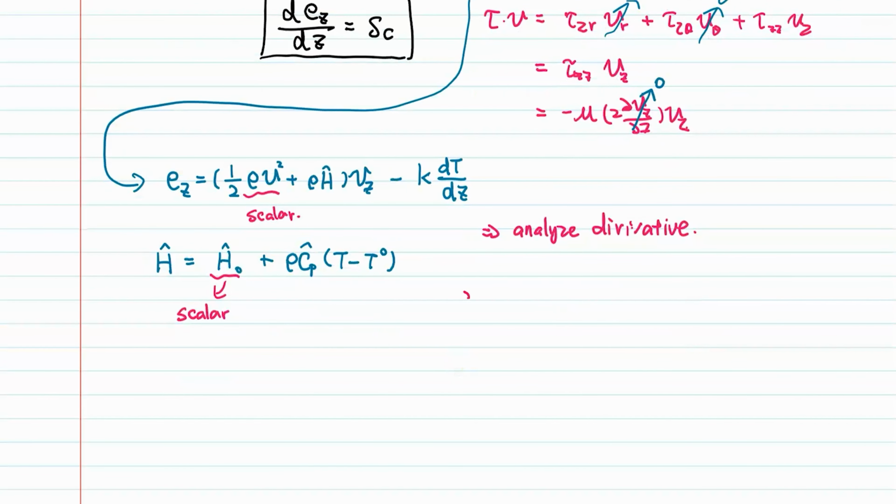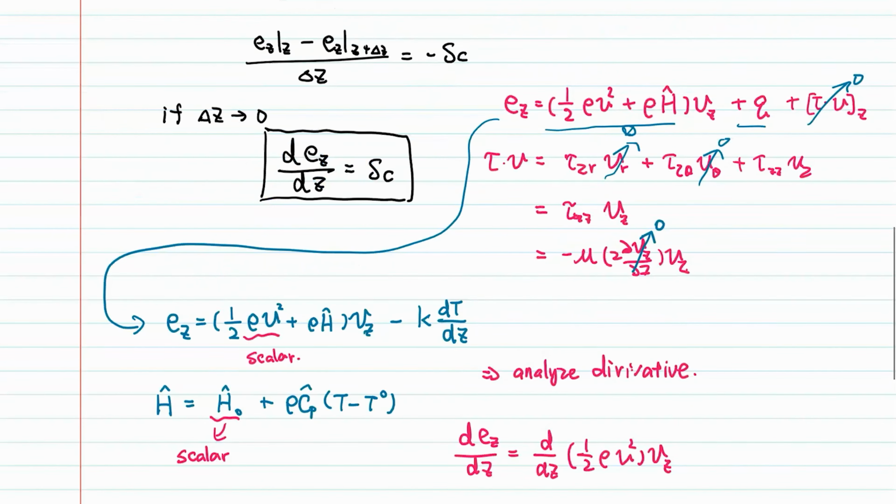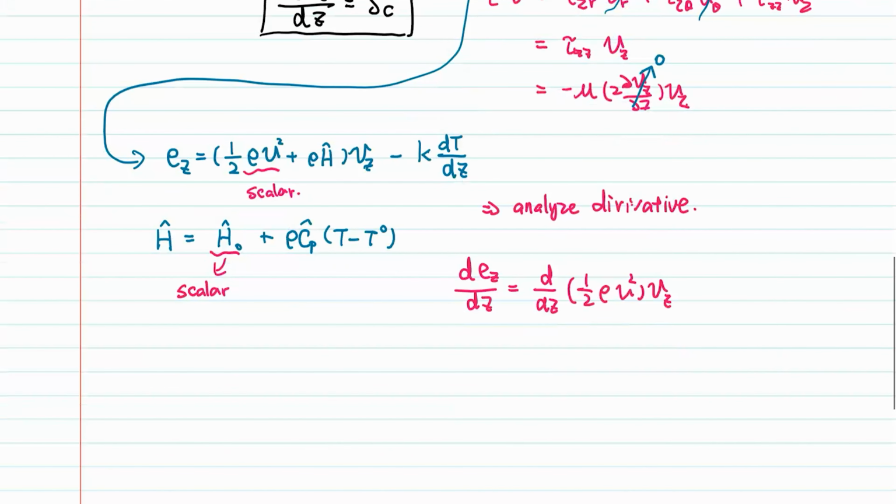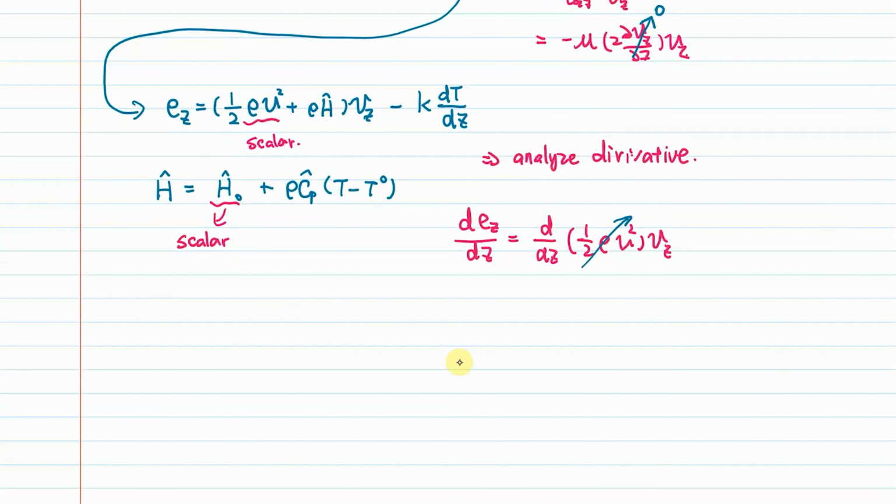We have dE_z/dz equal to d/dz of 1/2 rho V squared times Vz. And this is 0 because Vz doesn't change with z, and inside the parenthesis, everything is 0.